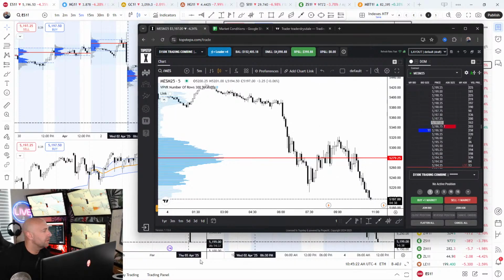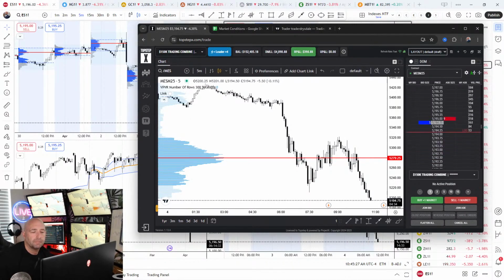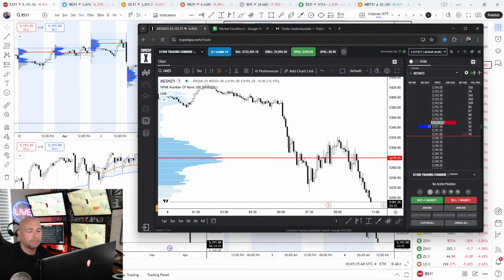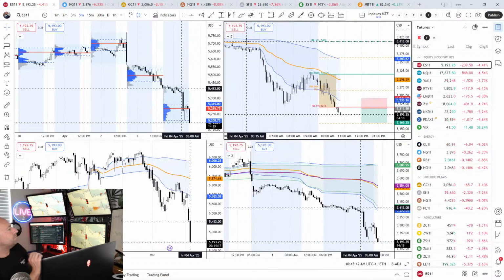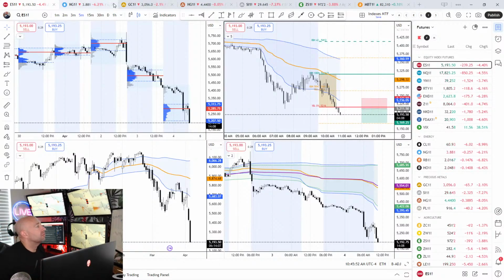It's moving very slow. I'm not crazy about the thinness down here. Looks like it might be starting to create a little bit of a failed auction, but anything could happen. About 400. Silver's wild.